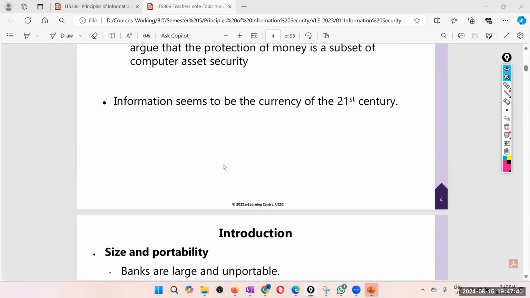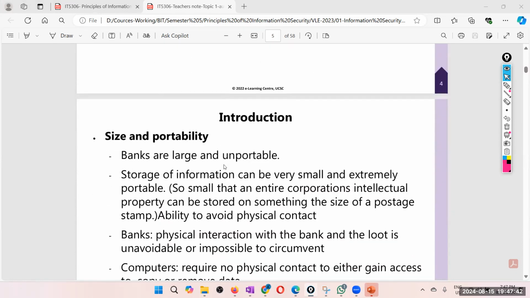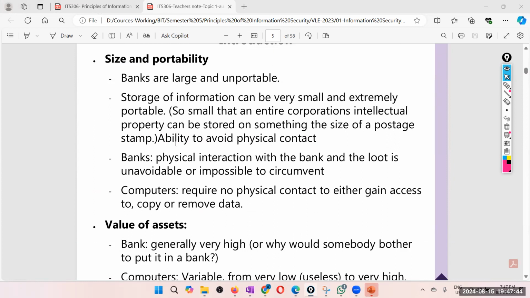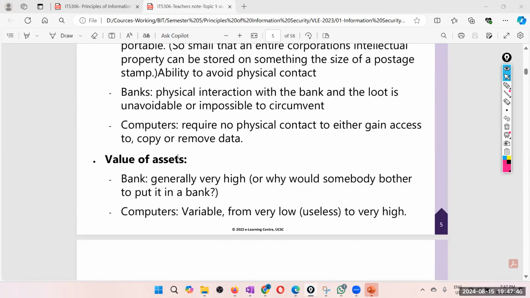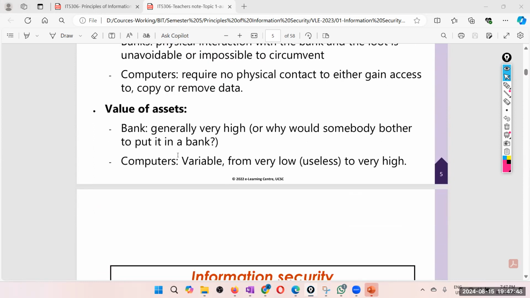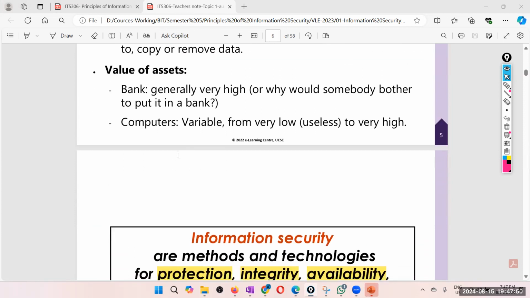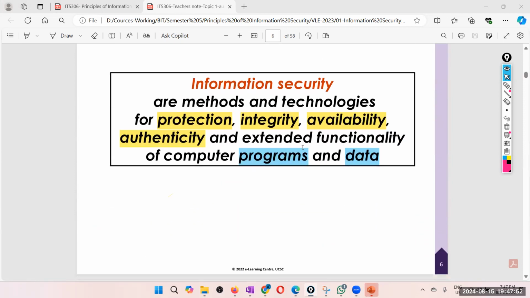I'm just going through the note: the importance of security and so on, especially the importance of information security in the information era. And what is information security? The methods and technologies for protecting integrity, availability, authenticity and so on, of both data and programs.